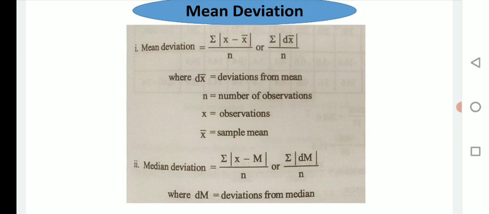Deviation calculated from the mean is called mean deviation. It is also calculated for median deviation, represented by the formula summation |x minus M| upon n, or summation |dM| upon n, where dM is deviation from median.